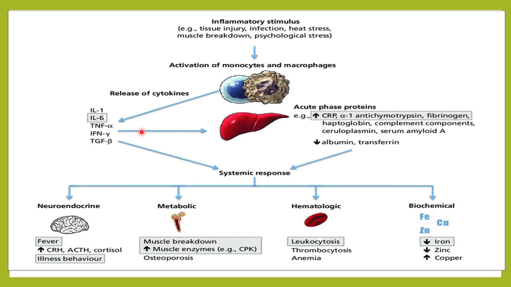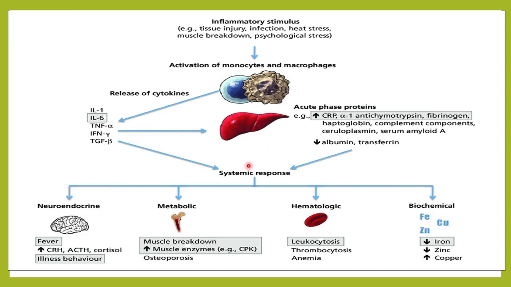These are the reactants which are increased. There are certain parameters like albumin and transferrin which are reduced. The body tries to save these proteins. These acute phase reactants are produced to help the body fight against the inflammatory stimulus. Meanwhile, they also produce a systemic response.